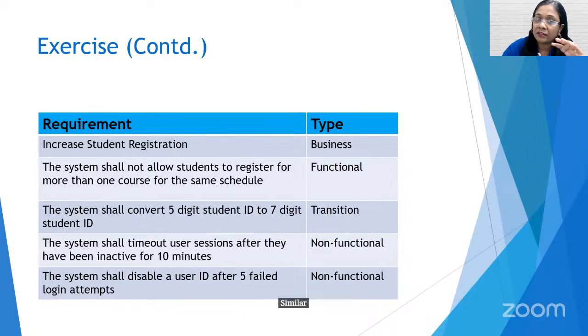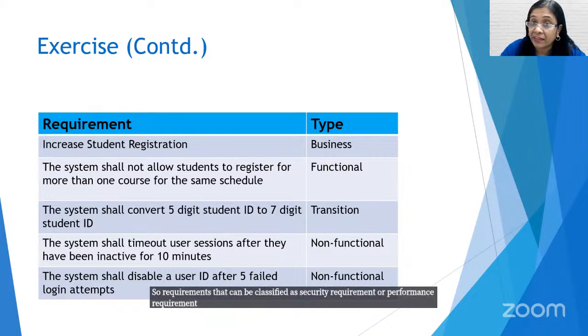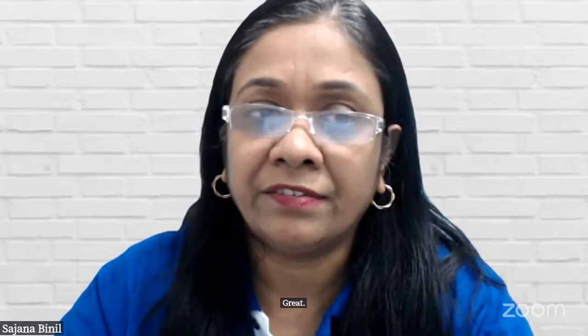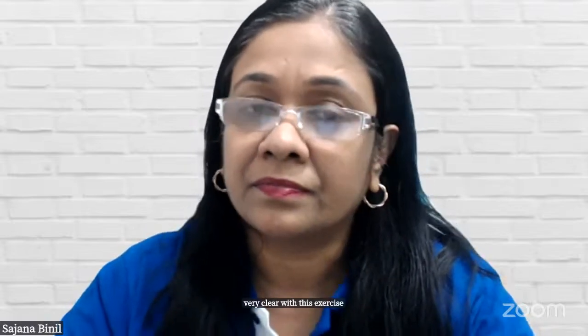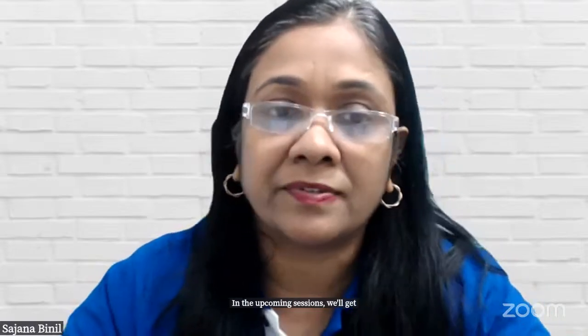Similarly, when you look at the fourth requirement also, it is a security requirement. So requirements that can be classified as security requirement or performance requirement automatically become NFRs, isn't it? Great. Very clear with this exercise, guys. In the upcoming sessions, we'll get some more complex requirements.